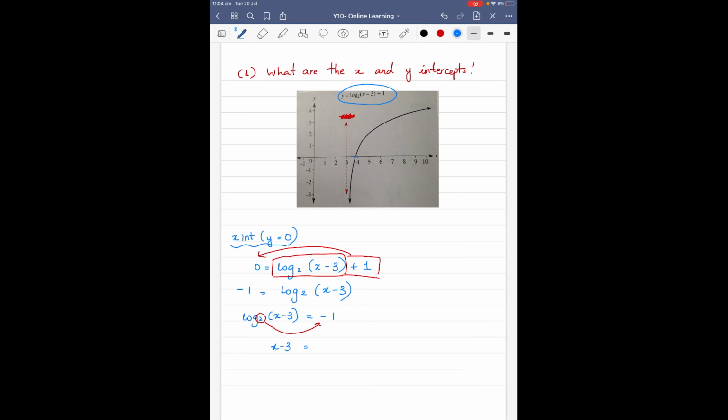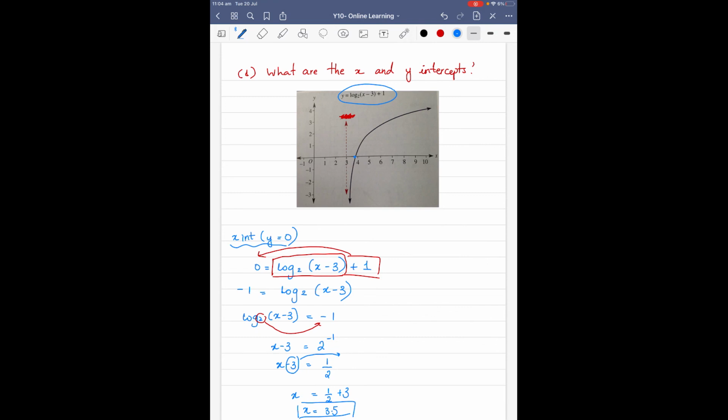The log disappears. We have 2 to the power of minus 1. You can put that into your calculator, 2 to the power of minus 1, which is the same thing as 1 over 2. You want to solve for x, so we bring over the minus 3. It becomes a positive 3. So half plus 3 is basically 3.5. And that there, my friends, is the x-intercept, 3.5.